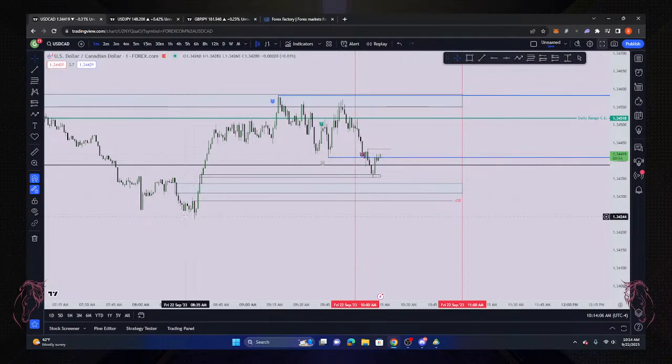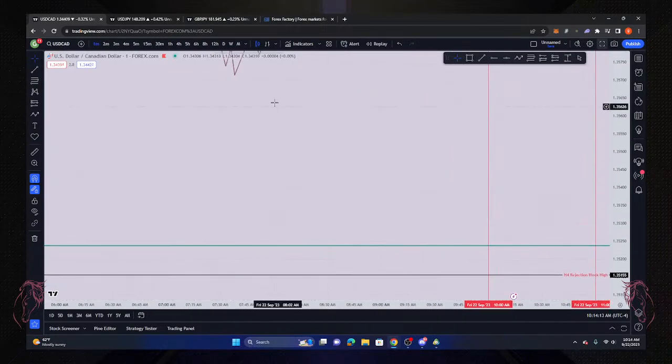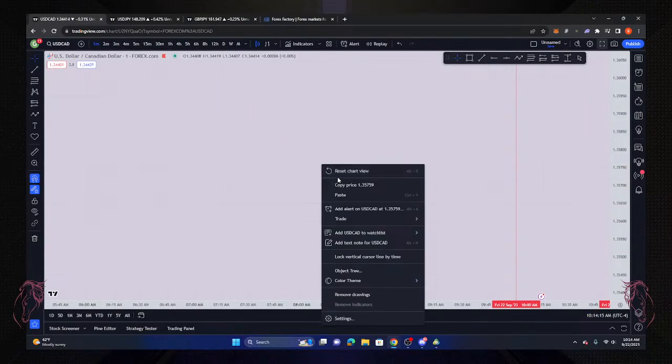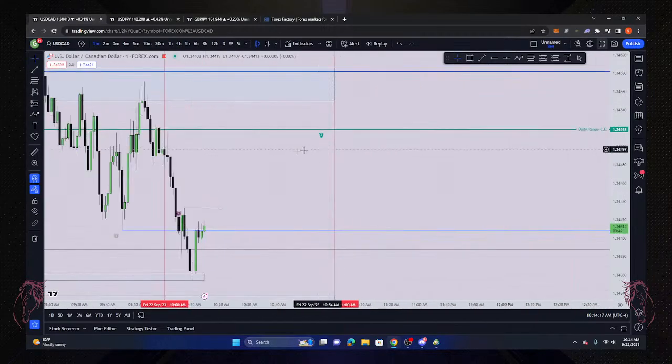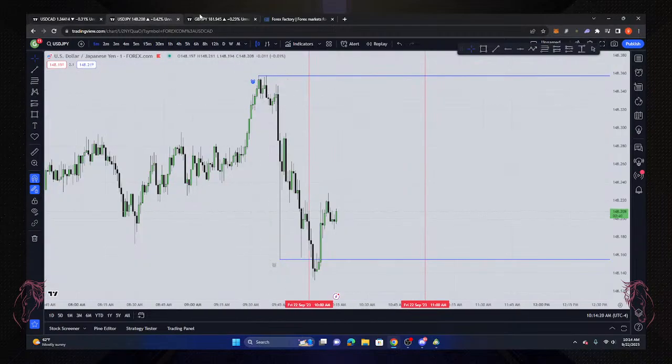So it swept all this sell side, shifted higher, pulled back into it. Now it could continue going higher. So now we just wait and see if price gives us a valid entry.